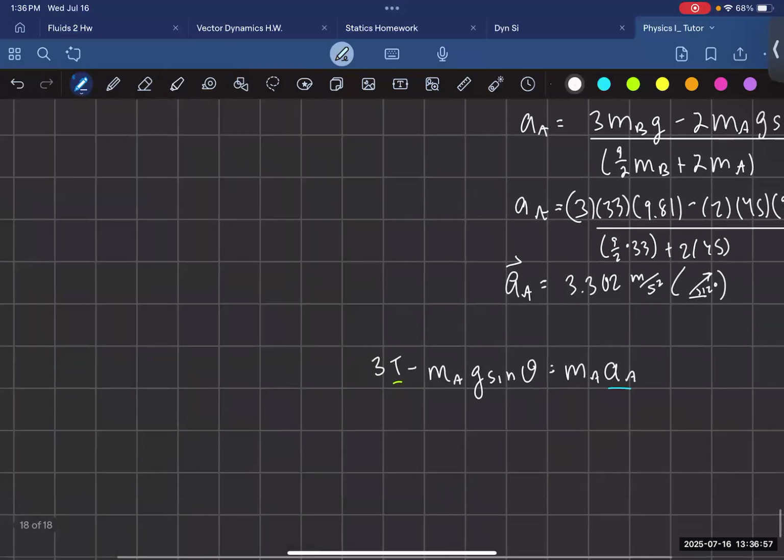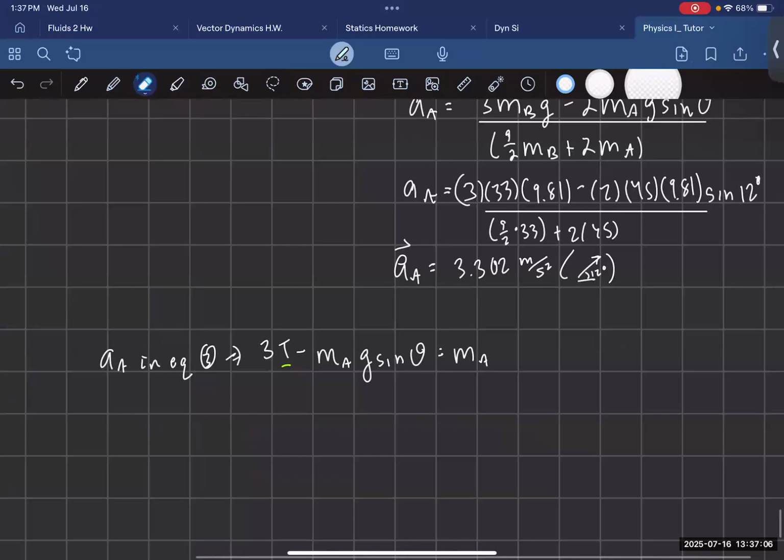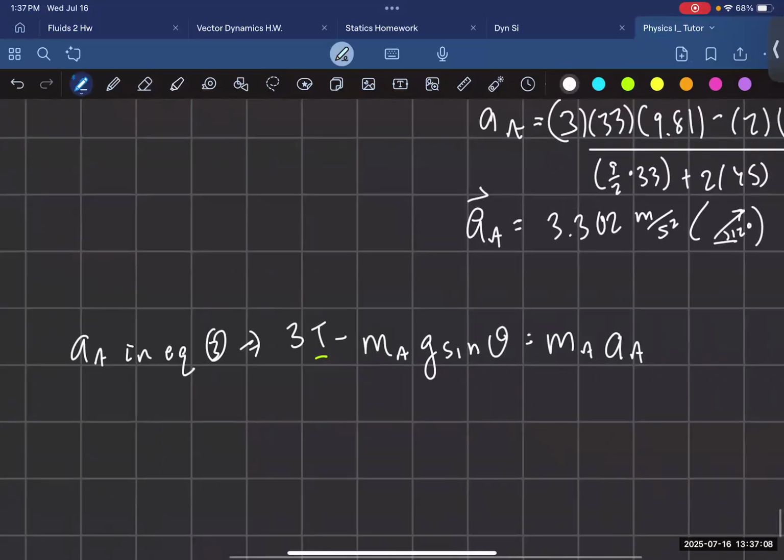So we can say A in equation 3, right? We're going to get this. So tension is equal to 3 times, how do I want to do this? It's going to divide.